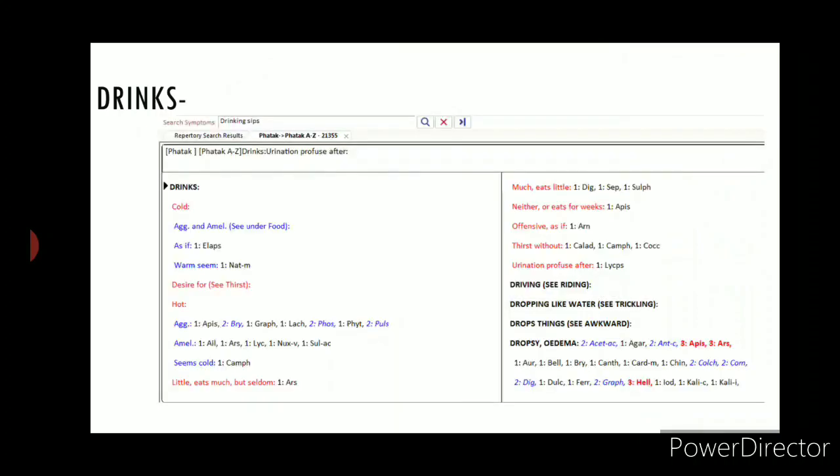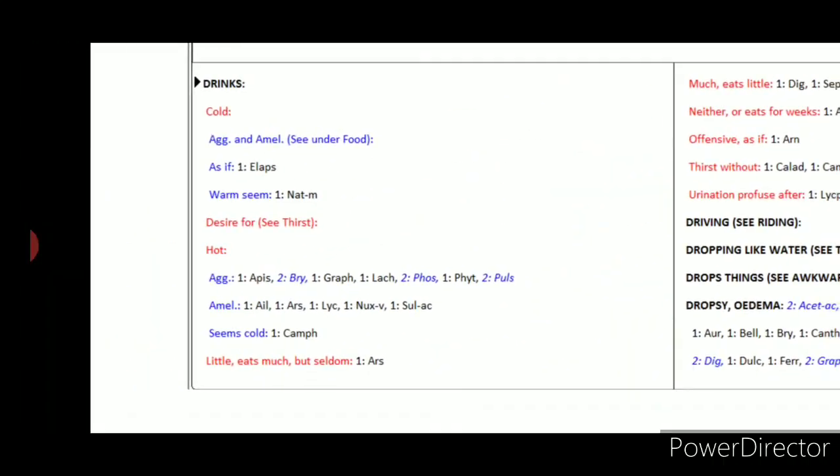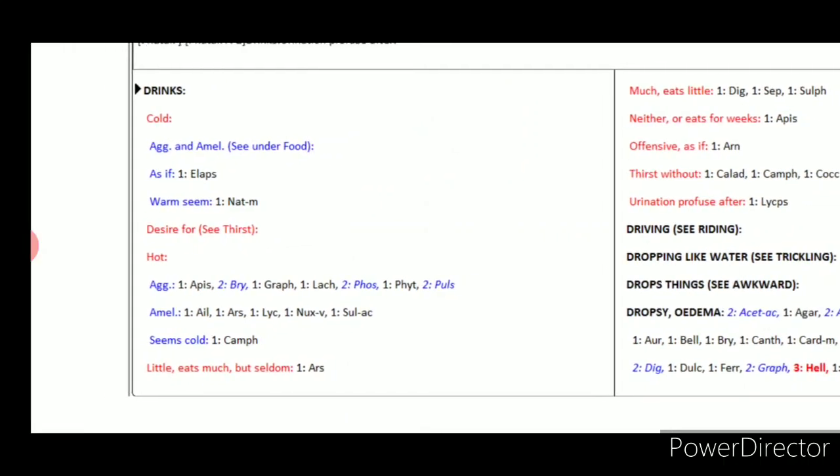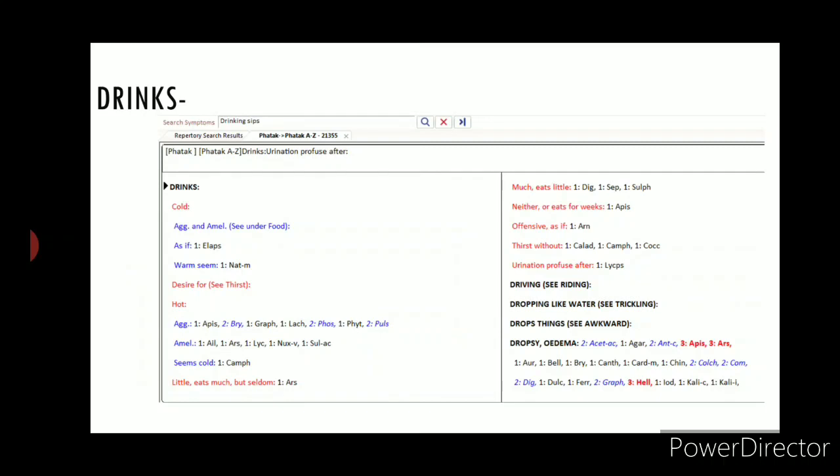You will find complete rubrics of drinks which ameliorate, which the patient desires, which are not much tolerated. So in this main rubric you will find different sub-rubrics of cold drink, hot drink, little drinks at a time, etc.